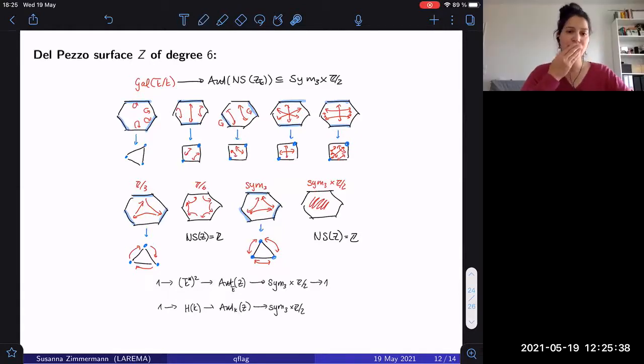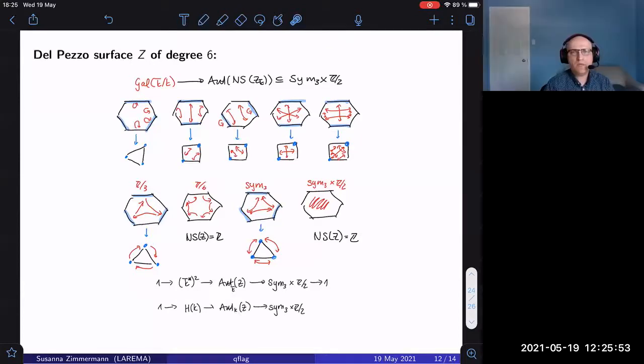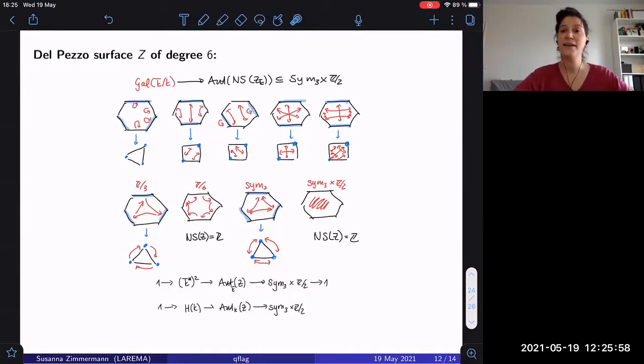I mean rather maybe higher dimension cases. In higher dimension, I think in dimension 3, the classification by Umemura is mostly reproduced by Blanc, Fanelli, and Terpereau.